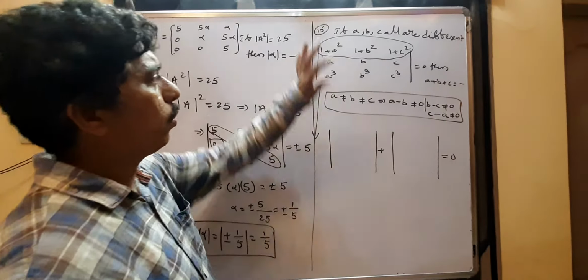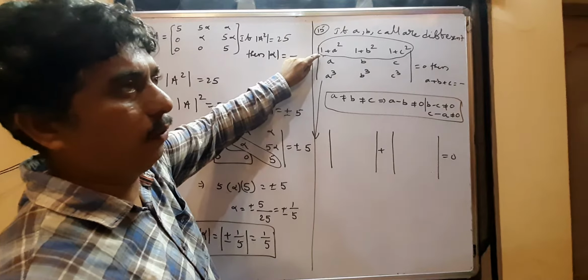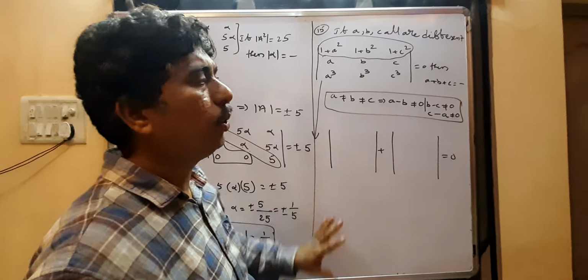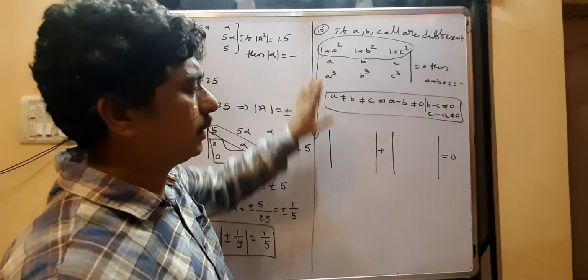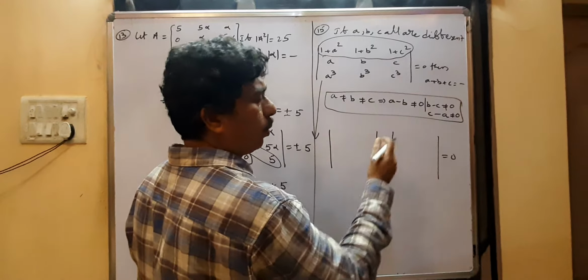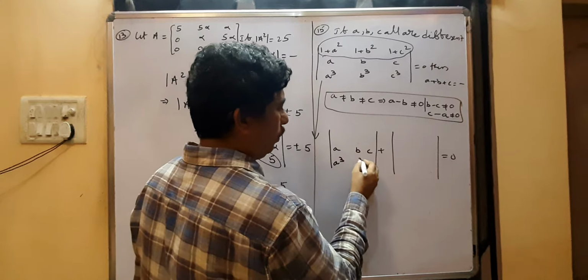Again I am repeating. First row contains a sum of two elements. So this determinant can be expressed as a sum of two determinants. In the two determinants, second row and third row are the same: A, B, C, A squared, B squared, C squared.